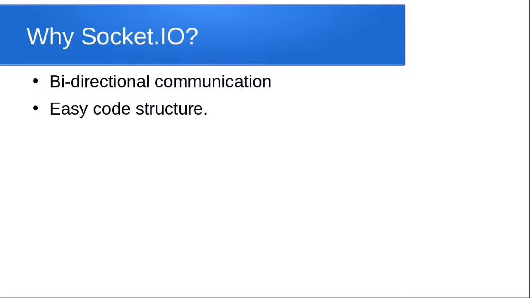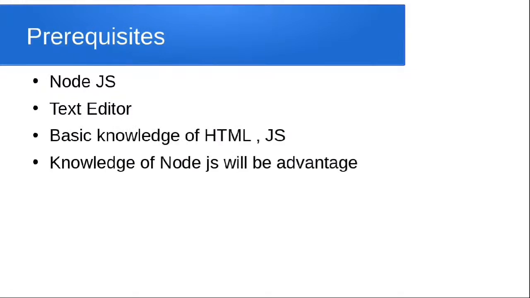And easy code structure. So it is always easier to make a chat server with socket.io than the traditional PHP way, and you have to write many more lines of code in PHP if you want to make a chat server.